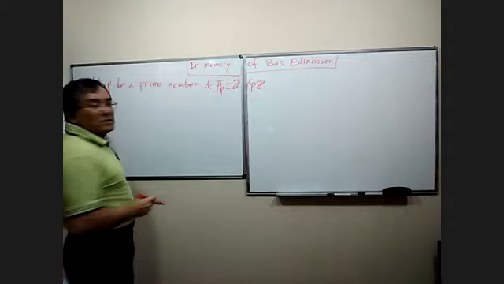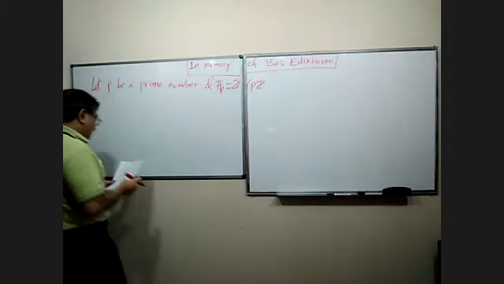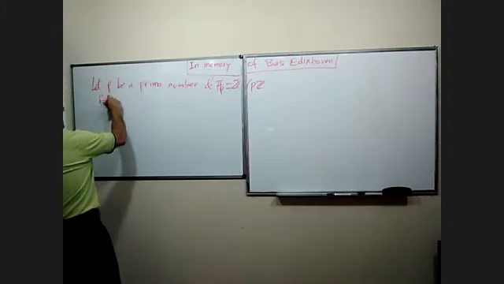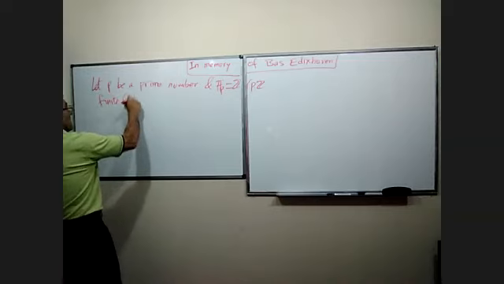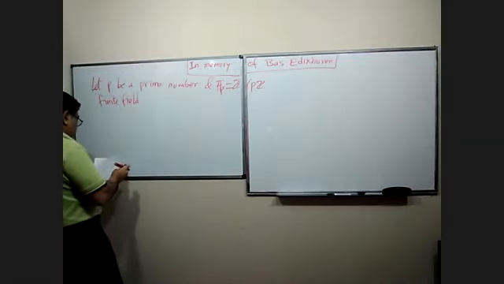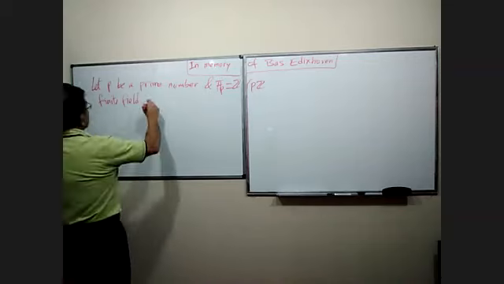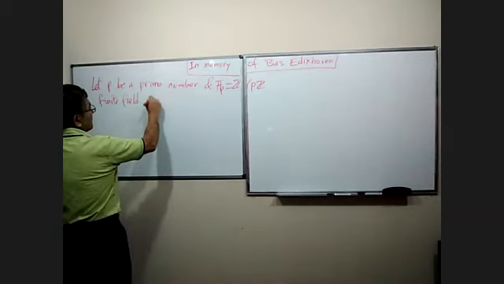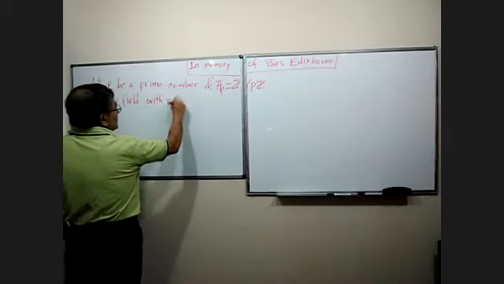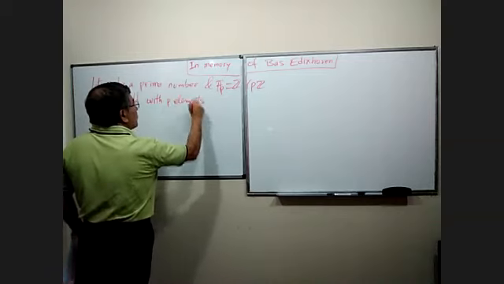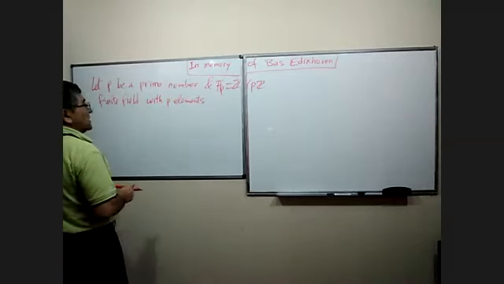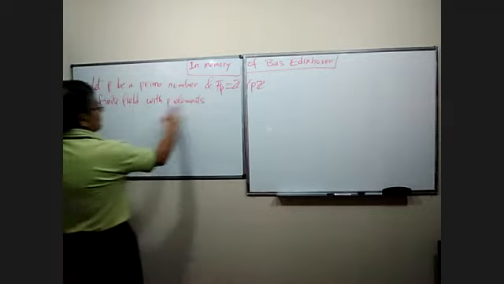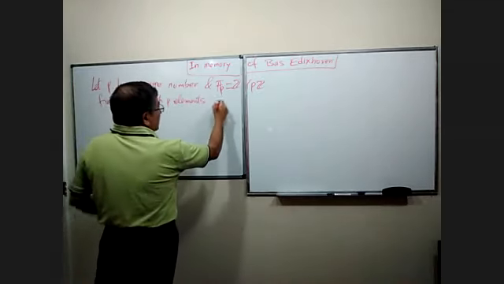So Z over PZ. This is a finite field, and it has P elements. This is not really important for the talk, but what is important is that it has characteristic P.